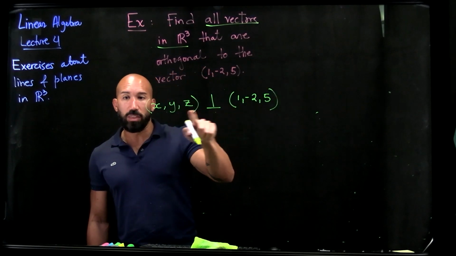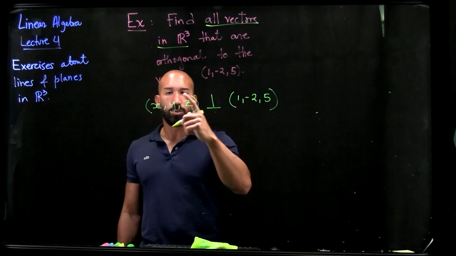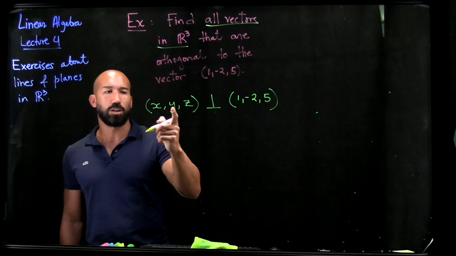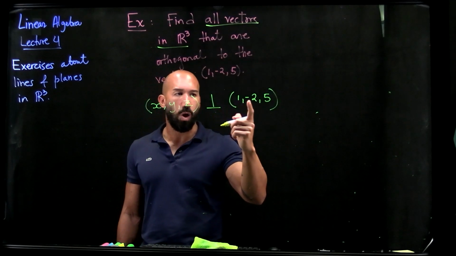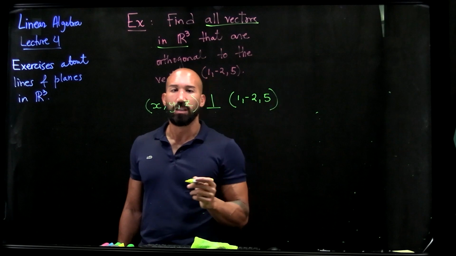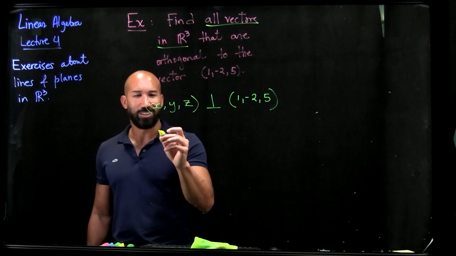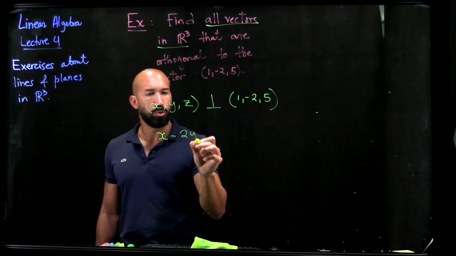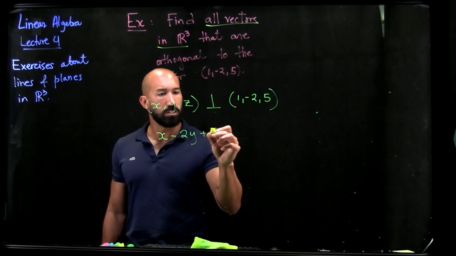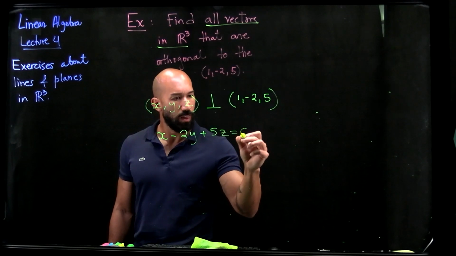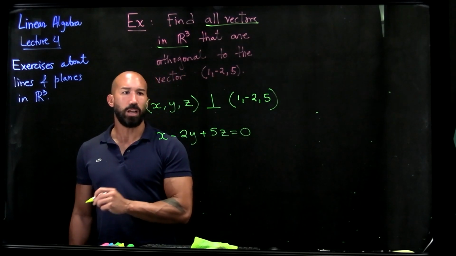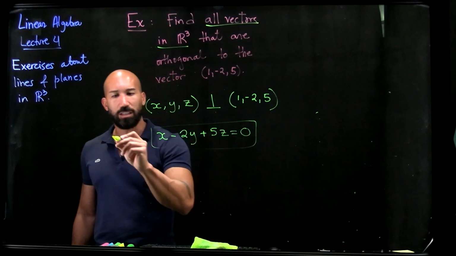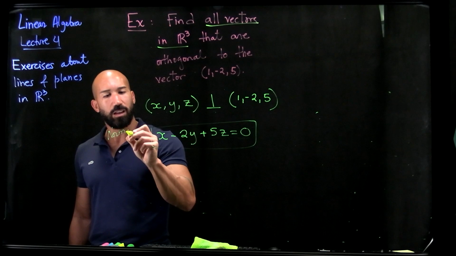At this point, we know that this condition is equivalent to the dot product of the vector x, y, z and the vector 1, -2, 5 being 0. So this becomes x minus 2y plus 5z equals 0. If we look at this equation, we know that this is the normal equation of a plane.